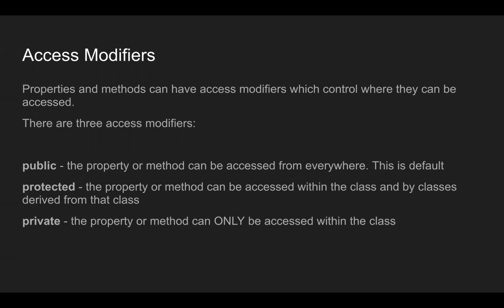We have three access modifiers: public, protected, and private. Like it sounds, public means the property or method can be accessed from everywhere.